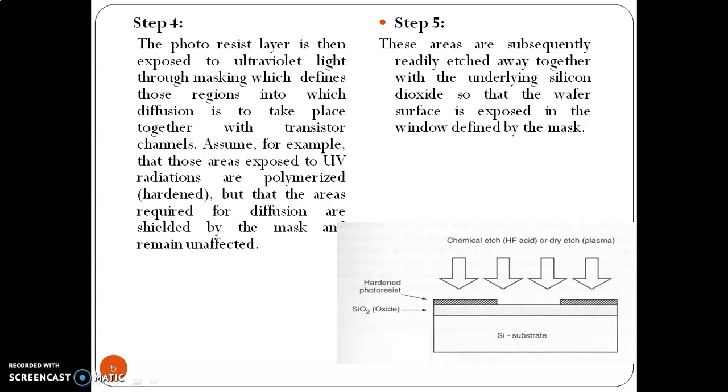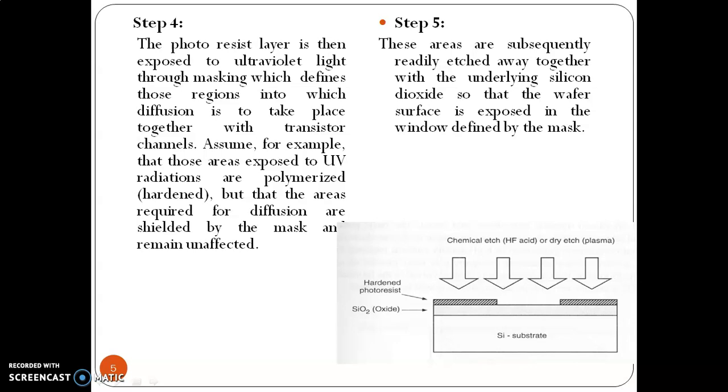The areas other than the area where the effective transistor is to be taken into consideration are hardened by passing the UV rays. UV radiations polymerize the photoresist, so they harden the other areas as shown in the figure. These areas are hardened, and the middle area is soft, which is etched away, and you get the effective area where the transistor is formed.